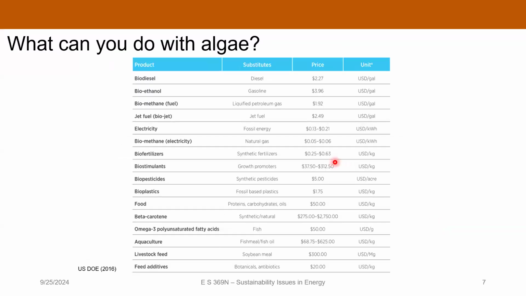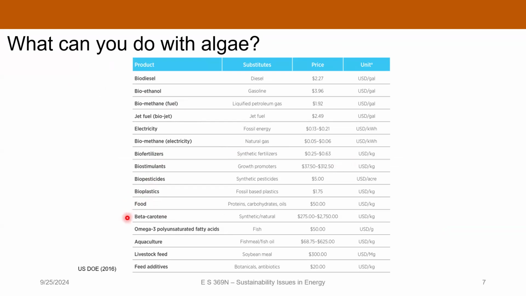The stuff you can do with it is you can use the biomass that it makes to make all kinds of things, including food additives. If you think about the meat substitutes that a lot of companies are developing today, algae biomass can potentially be used as a protein substitute in those, beyond burgers or whatever.